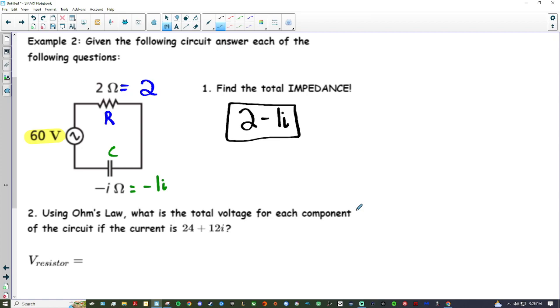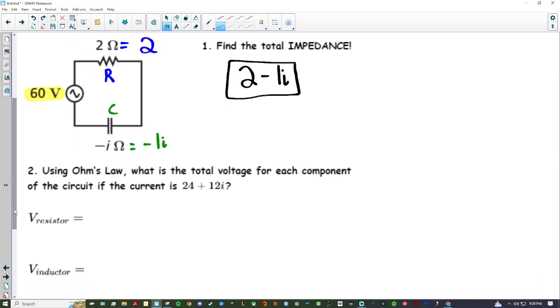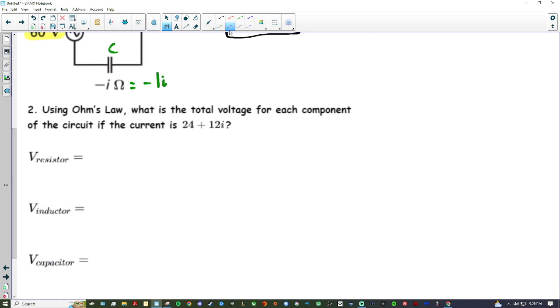What is the total voltage for each component if the current is 24 plus 12i? Our resistor is our blue. We don't have an inductor, so we can just write there isn't one. And our capacitor is our negative 1i.